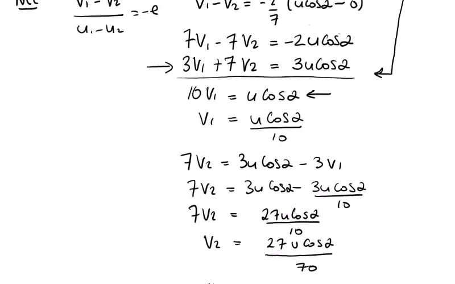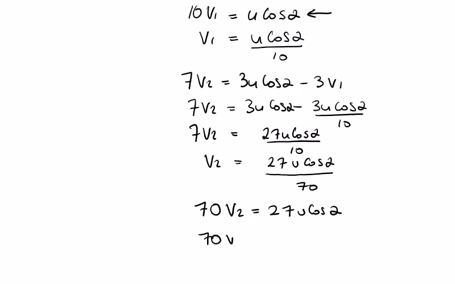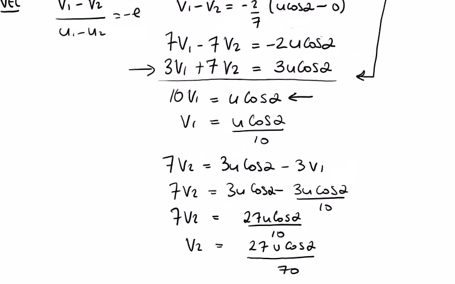So important to read the question carefully. So 70 times V2 is equal to 27 U cos alpha. So 70 V2 over 27 cos alpha is equal to U. That's what they're looking for in part 1.